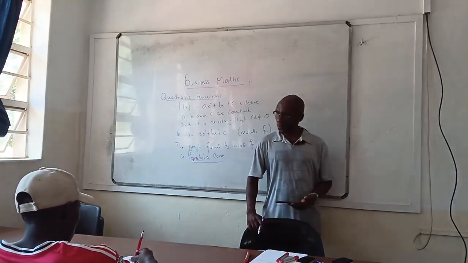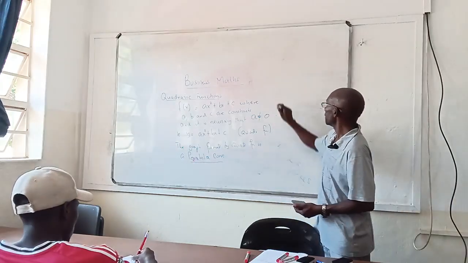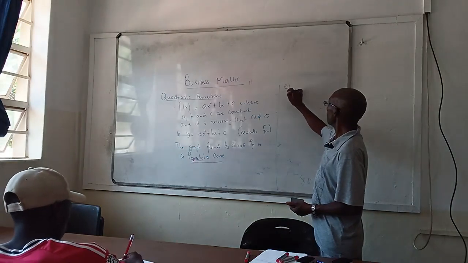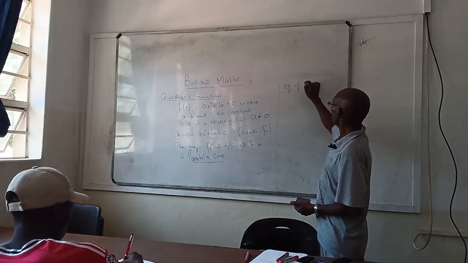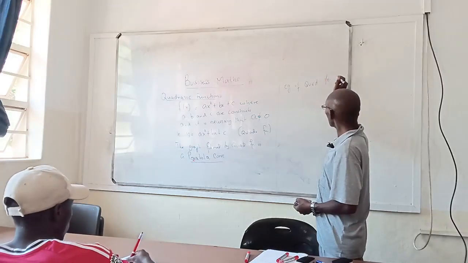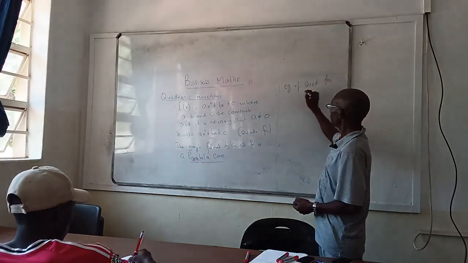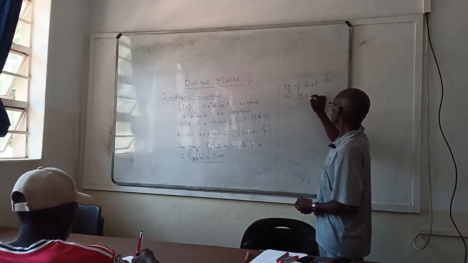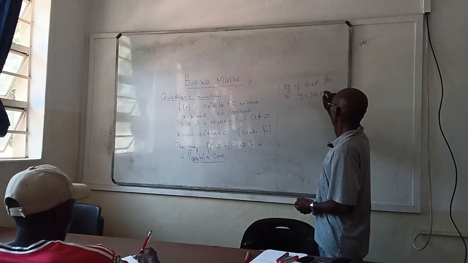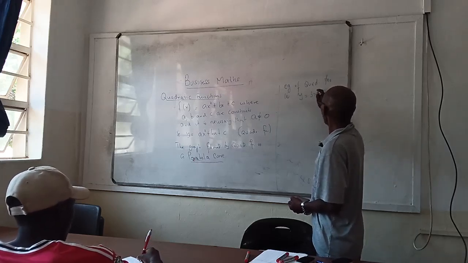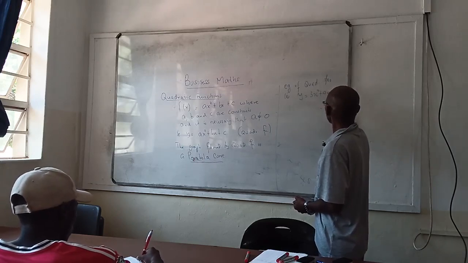So examples of quadratic functions are as follows: y is equal to 3x squared plus 4x plus 5.